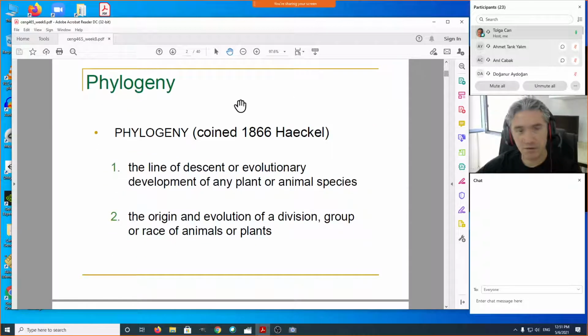Phylogeny was coined in the second half of the 19th century by Haeckel. When biologists tried to understand the organisms on Earth better, they tried to figure out relationships between them. This classification, grouping them together in an organized manner, is a need that came way before we had genetics, before whole genomes appeared. 150 years ago, we had the need for organizing these species.